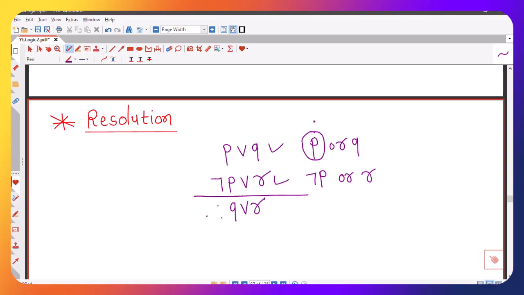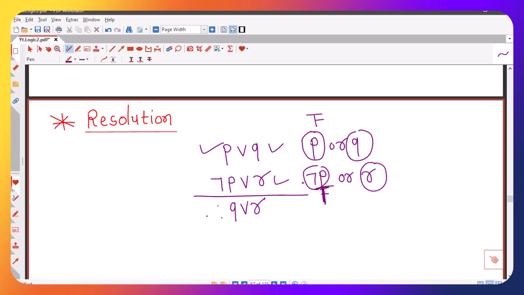Suppose p is true. If p is true here, then here negation p is false. Now if p is true, then p or q is true. So here we must have r to be true because negation p is false. Similarly, if p is false, then negation p is true. So in that case, if p is false, then we must have q as true.